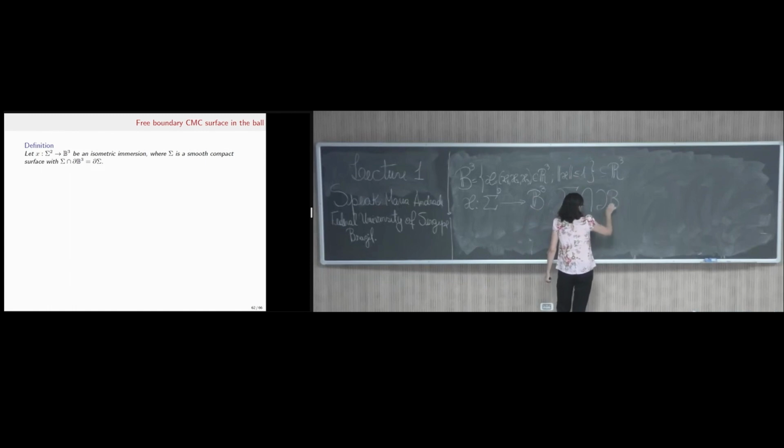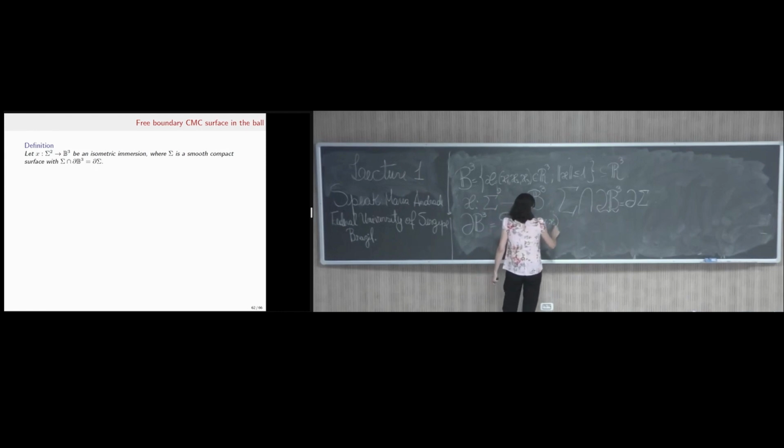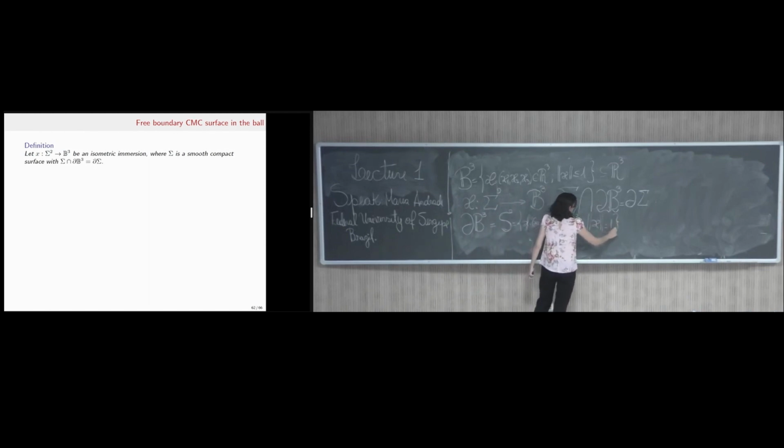The intersection of the surface with the ball is equal to the boundary of the surface. What does this mean? It means the boundary of the surface lies on the boundary of the ball, which is equal to the Euclidean two-sphere, the set of points satisfying this condition. Okay? This is only to first define what this means.